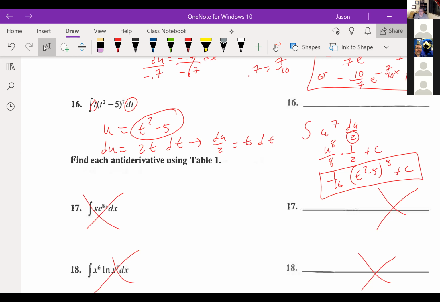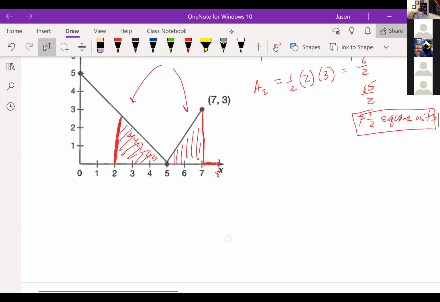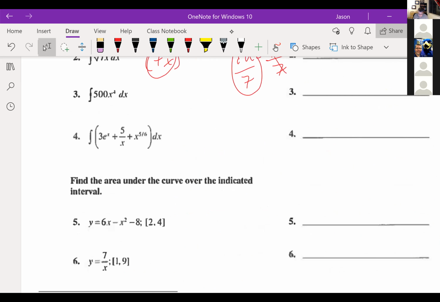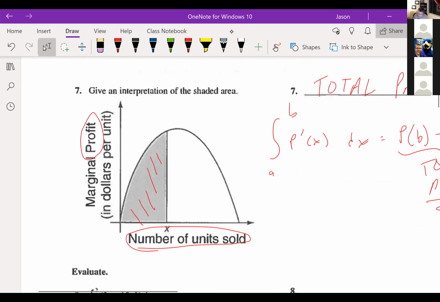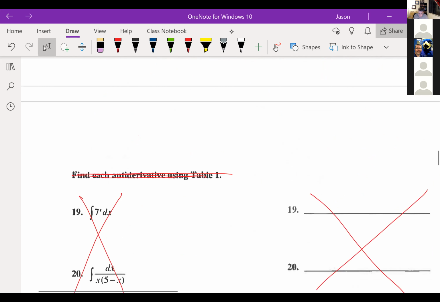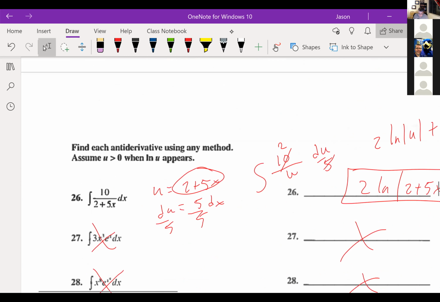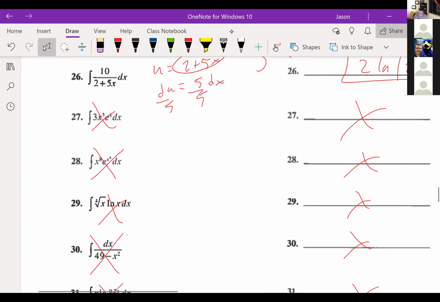Yes, correct, Maximus. They will not be on the test. So do you want me to go back over the ones that are crossed off? Okay, so you can cross off 17, 18, 19, 20, and basically anything after 27 you can cross off.